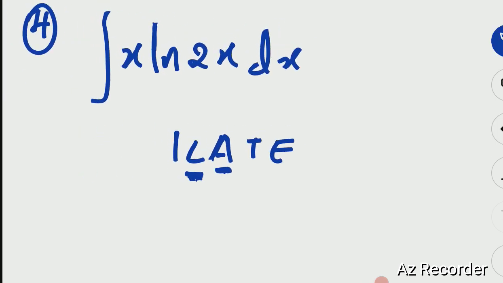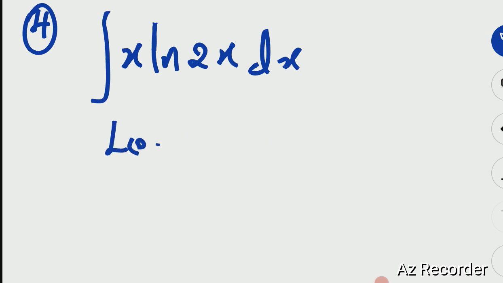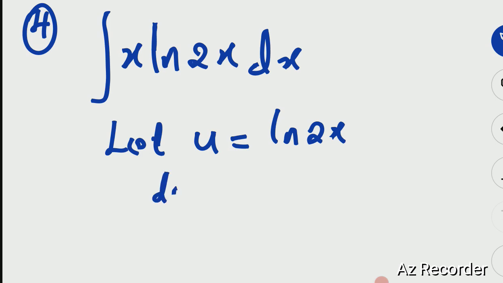What are we going to be doing here? We say let u equal ln 2x. Now du equals, we are differentiating that.